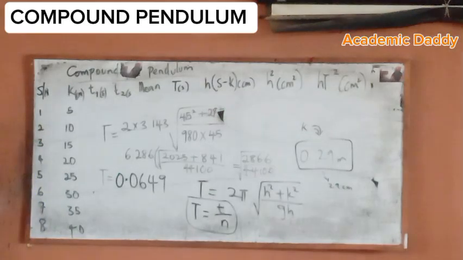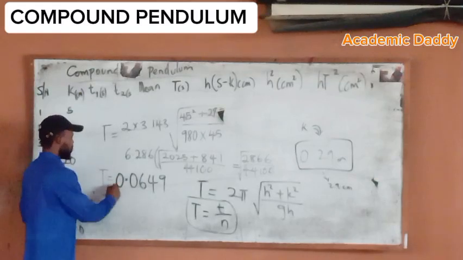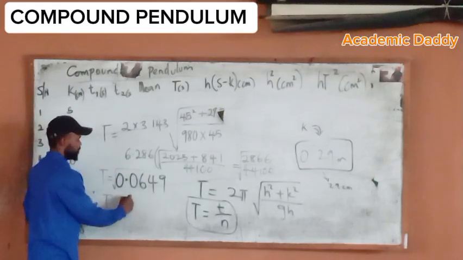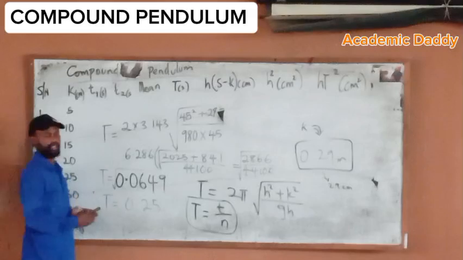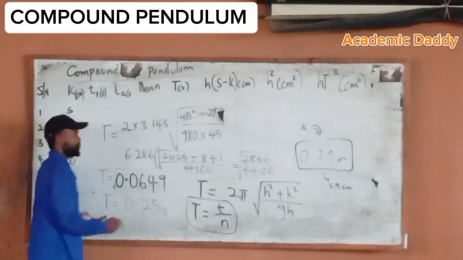Okay. Now they are not done. The square root, get 0.5. Like this.